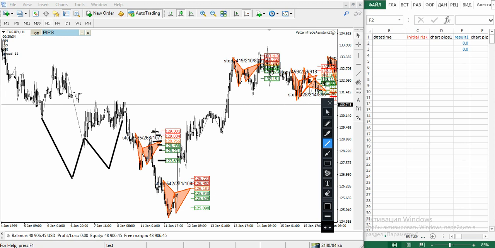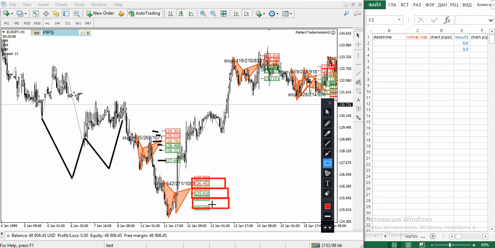They are actually the risk distance, half risk distance, and the same as risk distance is take profit distance, and we have half take profit distance and two risk take profit, so twice. Okay, so these distances are equal, this one and this one, and of course this one is also equal.